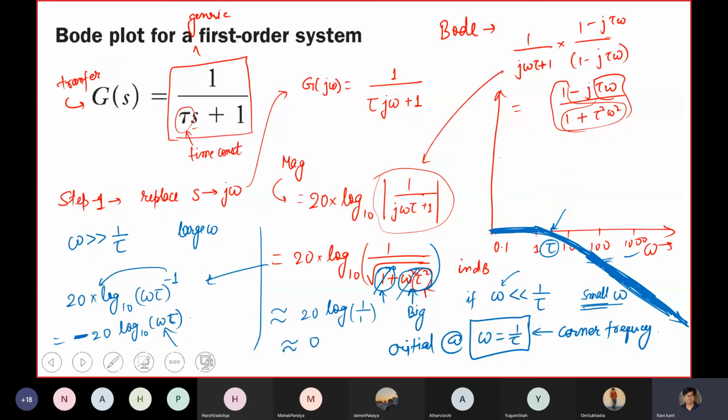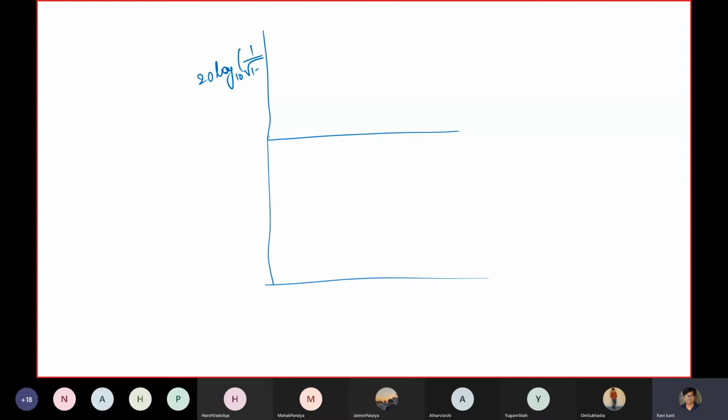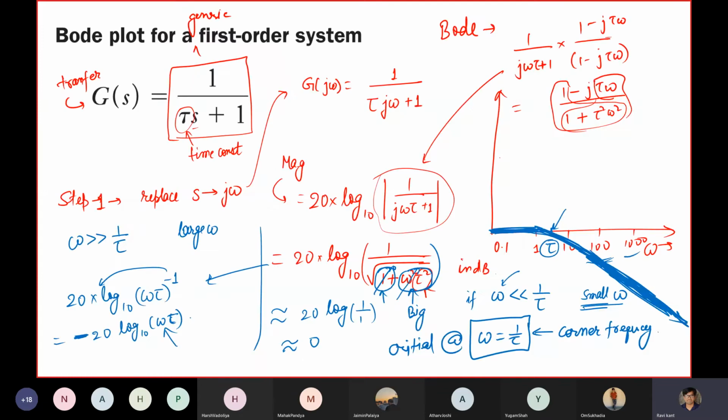Okay, if you do the similar analysis for magnitude also, this is 20 log base 10 of 1 upon 1 plus omega tau square. And your corner frequency, sorry, this would be 1 upon tau.